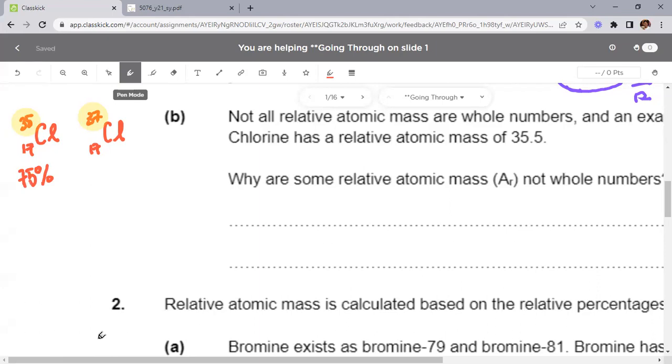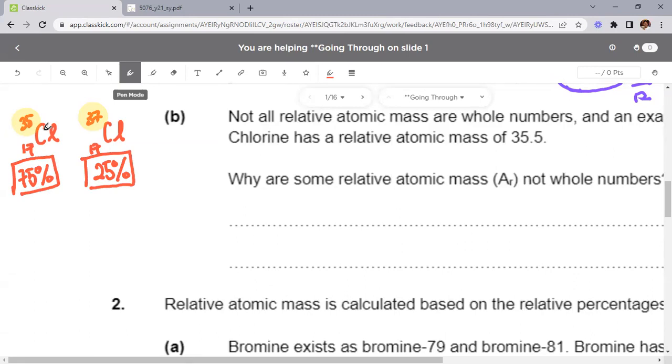If I take all the chlorine atoms in the world, 75% of them will be chlorine-35. 25% is chlorine-37. So they check how many of each isotope there are: 75% of all chlorines are chlorine-35, and 25% are chlorine-37.